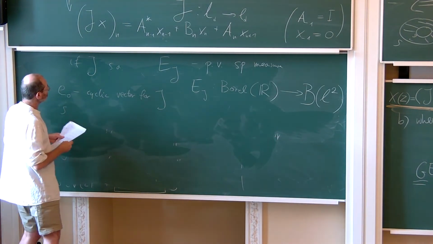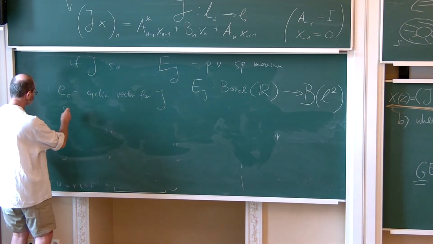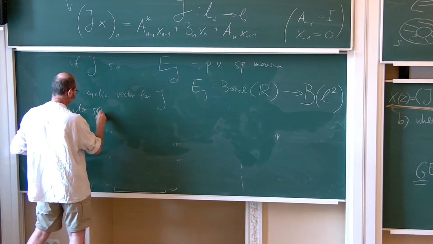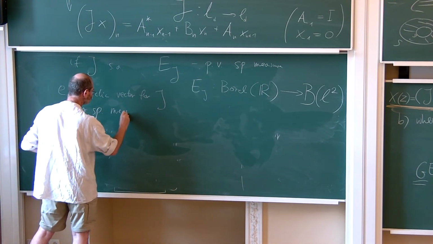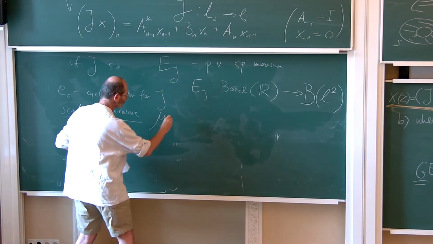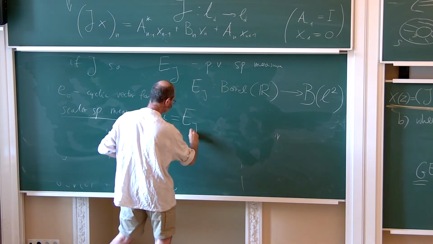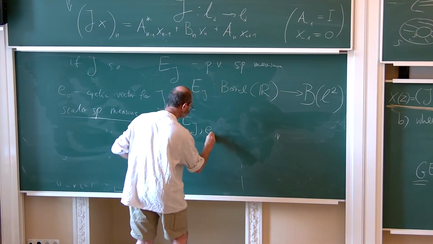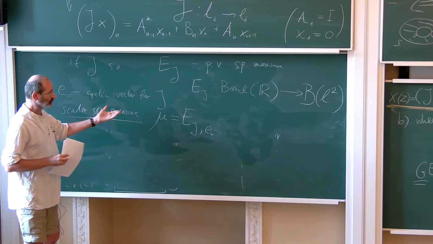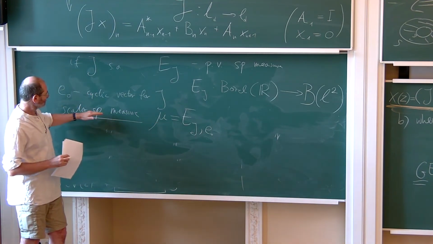The scalar spectral measure for a self-adjoint Jacobi operator is the measure mu, which is just this spectral measure A_J for this cyclic vector A0. This is just the definition. We call this measure the scalar spectral measure.